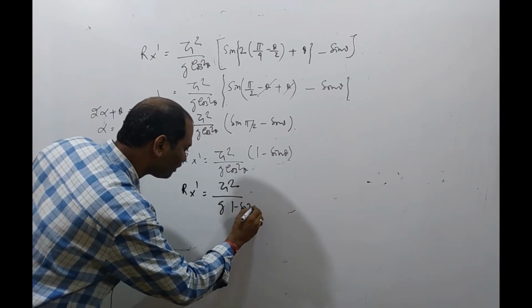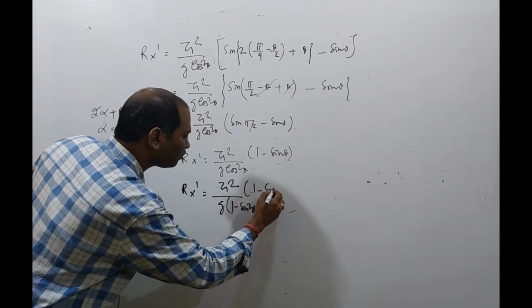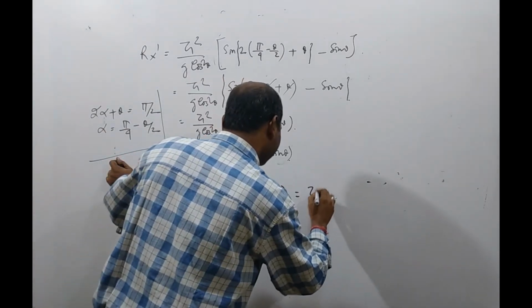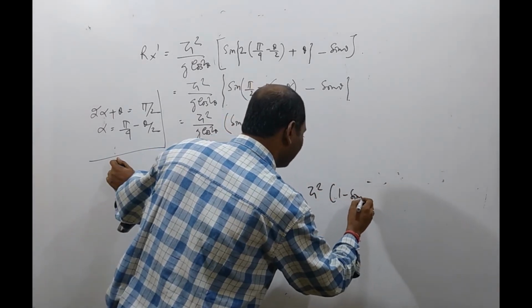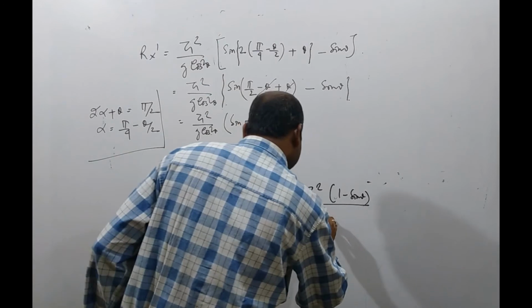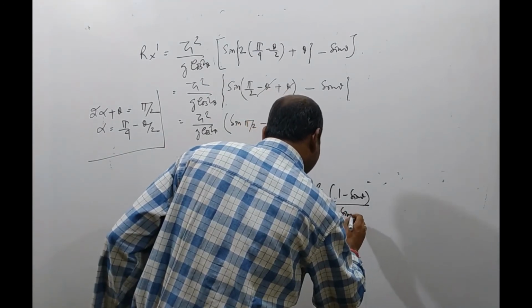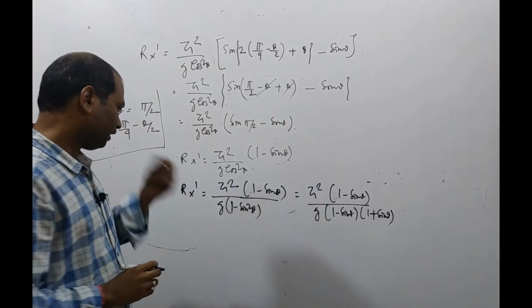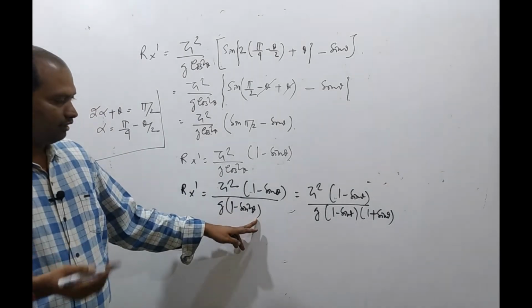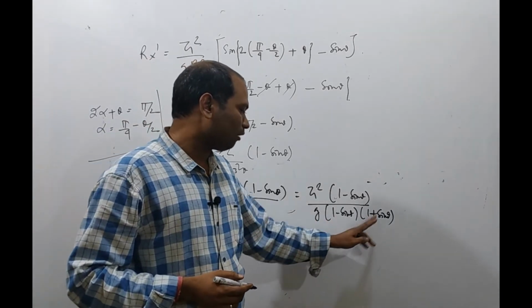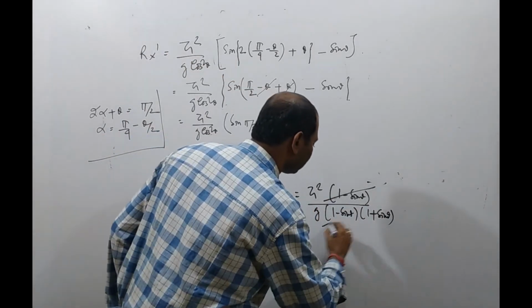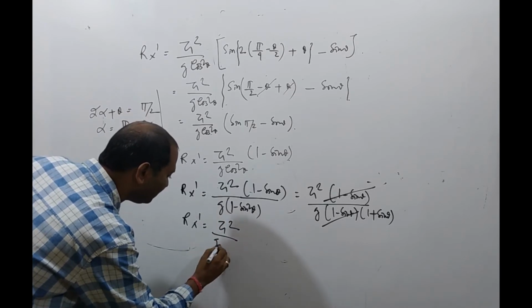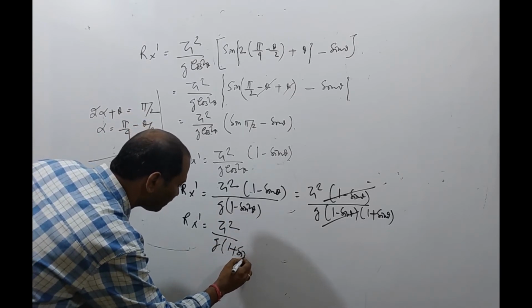Then u square into 1 minus sin theta divided by g into 1 minus sin theta into 1 plus sin theta, since 1 minus sin square theta can be converted into 1 minus sin theta into 1 plus sin theta. So this term is cancelled. Then R x dash is equal to u square by g into 1 plus sin theta.